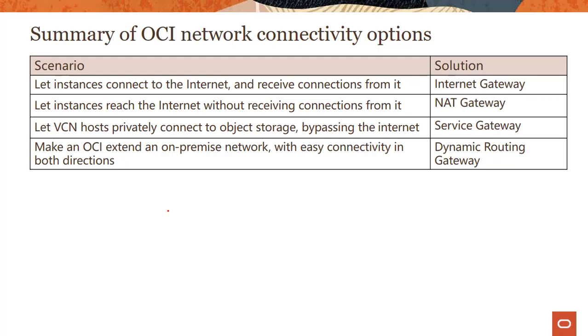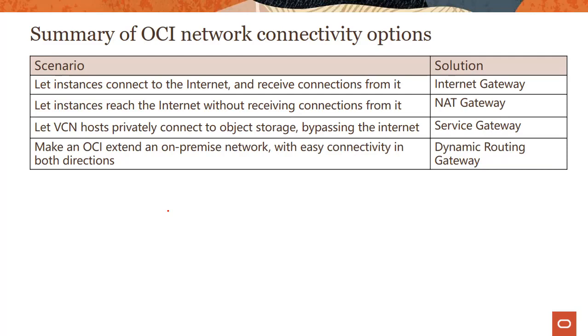The first one is letting instances connect to the internet and receive connections from it, bidirectional, so you would use an internet gateway. If you want instances to reach the internet and get those packets back for things like updates, but not have inbound connections initiated from the internet, you have the NAT gateway, which does the network address translation.